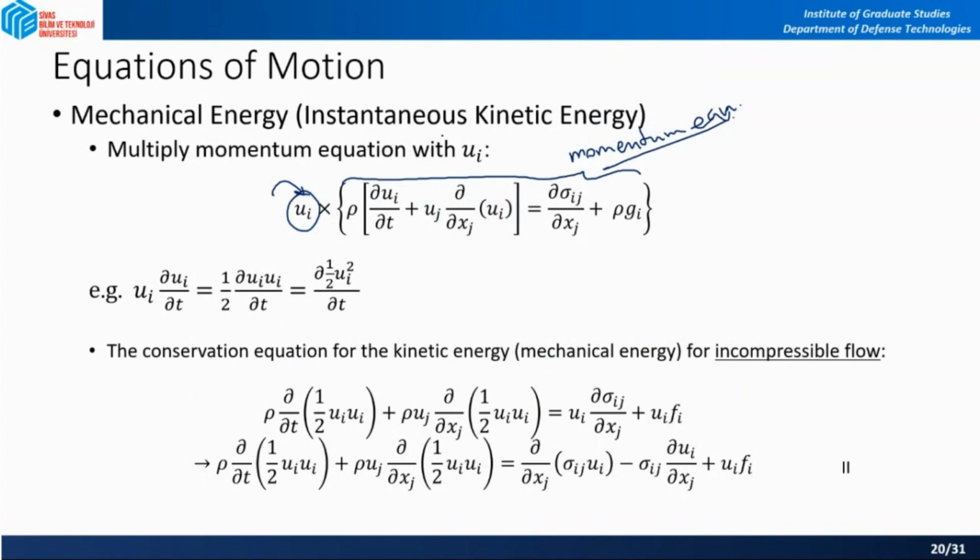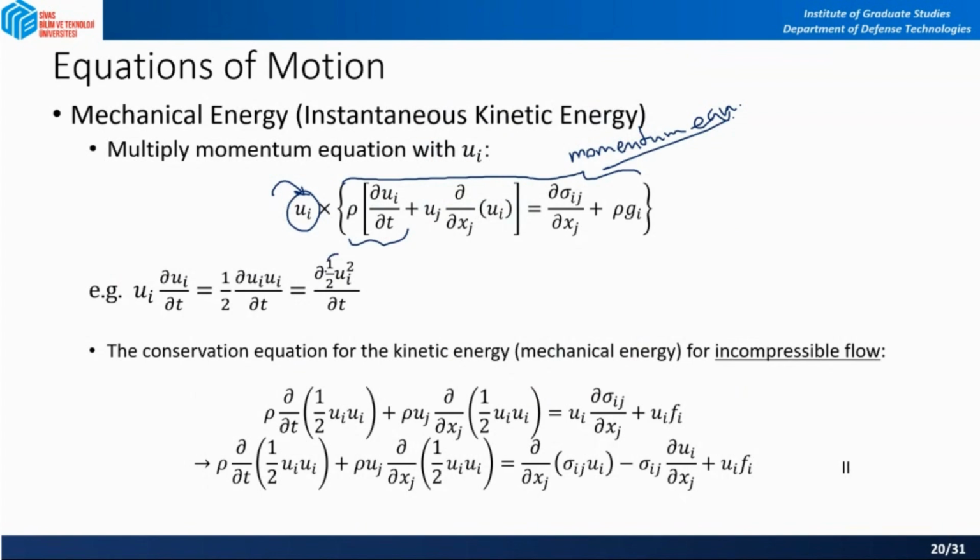So I'm not going to write all the terms. The first term, for example, is ui times this term, rho dui dt. Rho is constant, so ui times dui dt will be equal to half of d ui squared dt, which is nothing but d of half of ui squared.